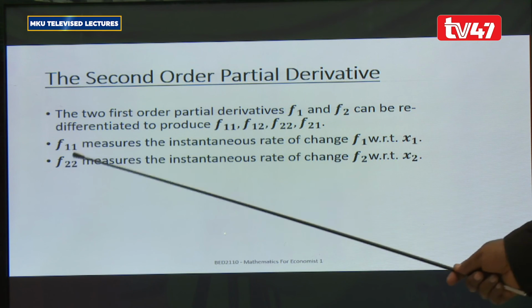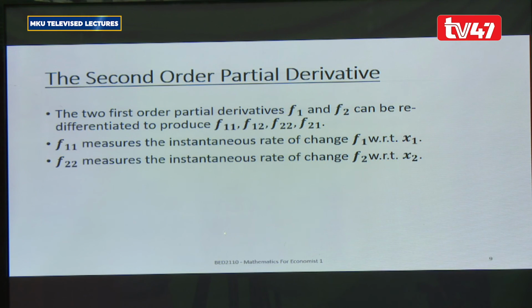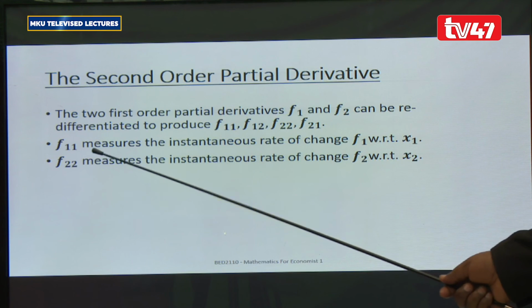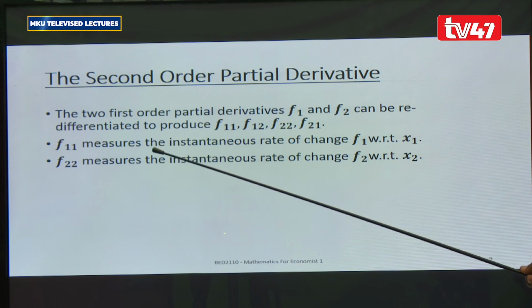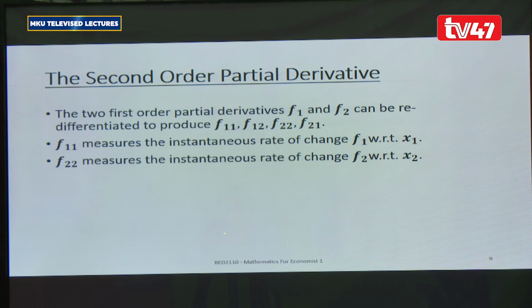Now, what does f11 mean? f11 measures the instantaneous rate of change of f1 with respect to x1. The instantaneous rate of change. That is, how is f1 changing as x1 changes?